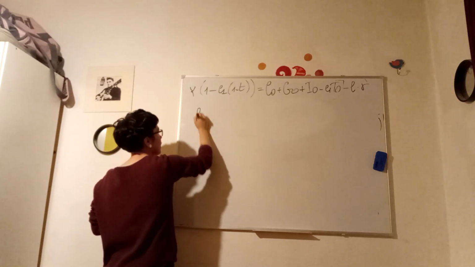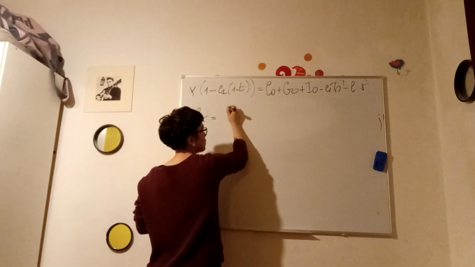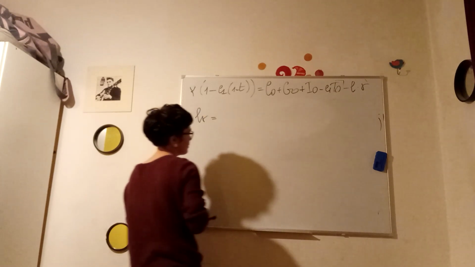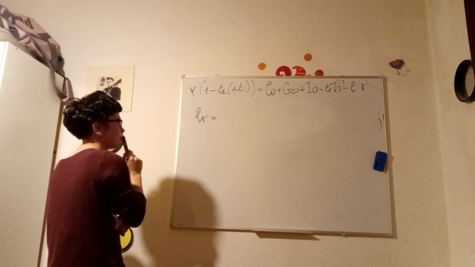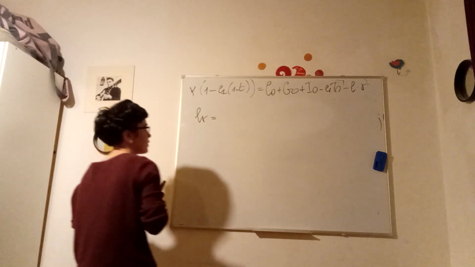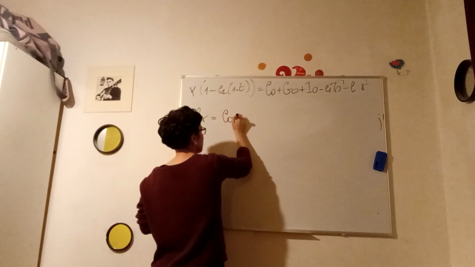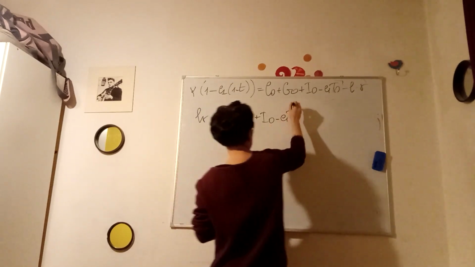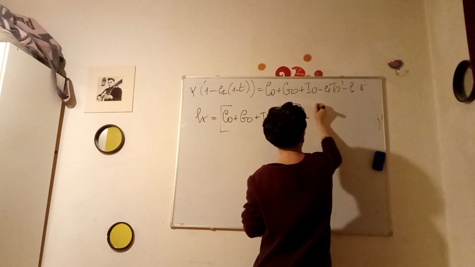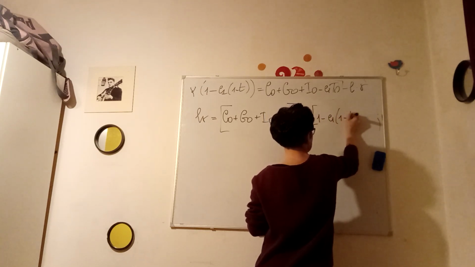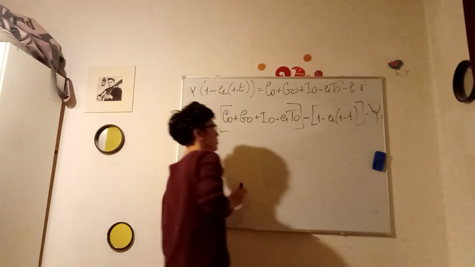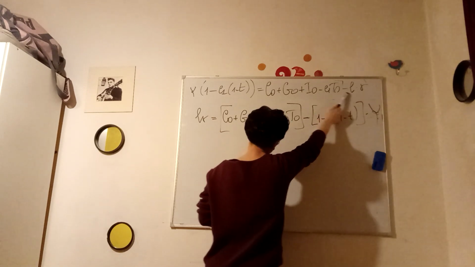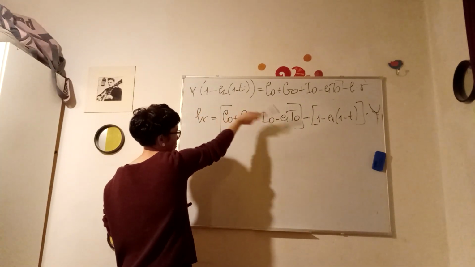So L times R is going to be equal to C0 plus G0 plus I0 minus C1 times T0 minus 1 minus C1 times 1 minus T times Y. You take this from the right side of the equation to the left side, so you change the sign. The same applies to this item.